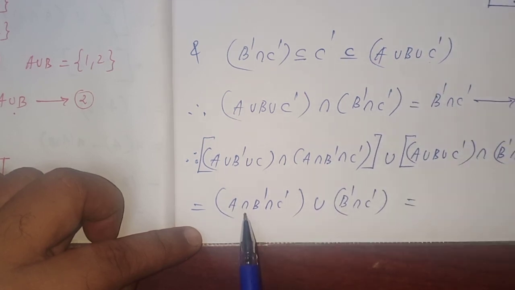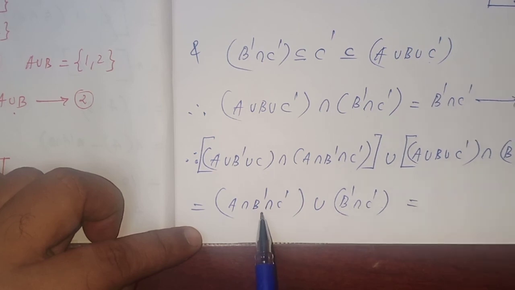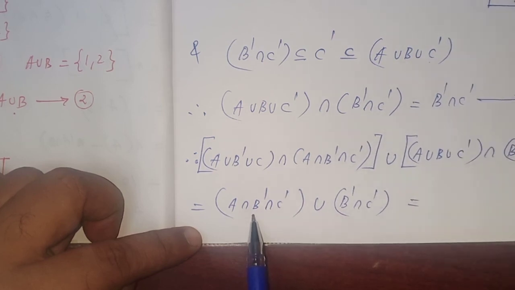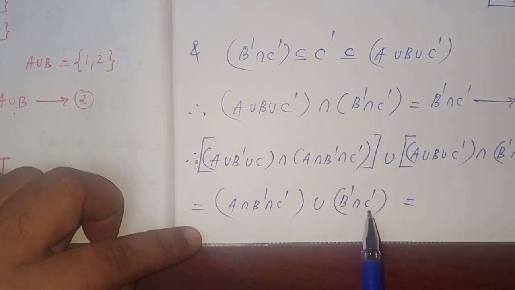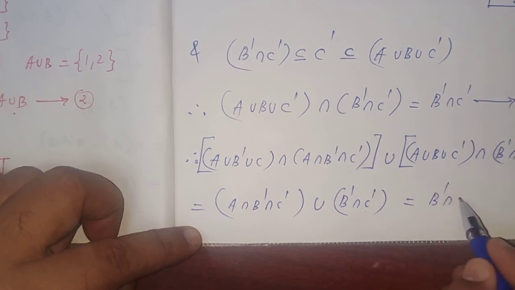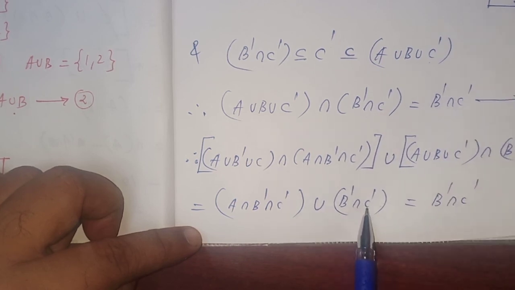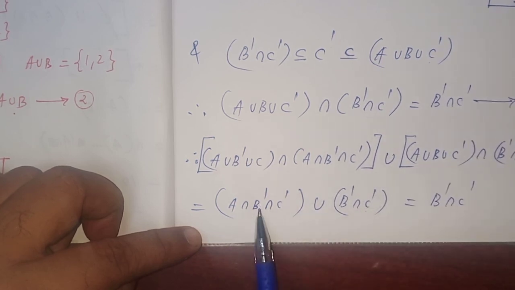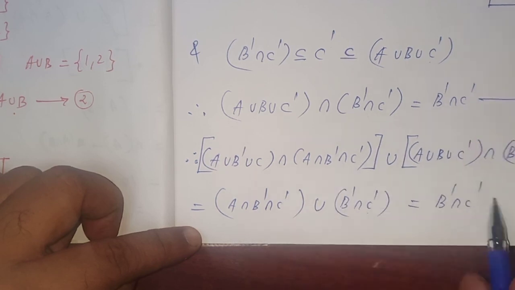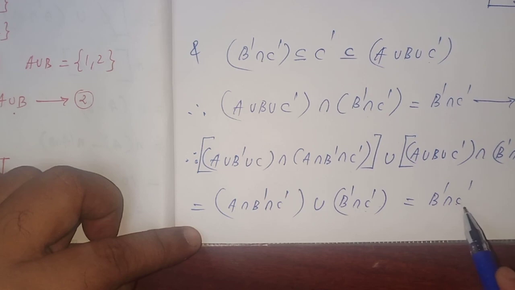Since we have one more intersection, this set has fewer elements compared to B dash intersection C dash. Therefore, the result is B dash intersection C dash. So this set has more number of elements than this set, because for union you take the set which has more number of elements. So B dash intersection C dash is the answer.